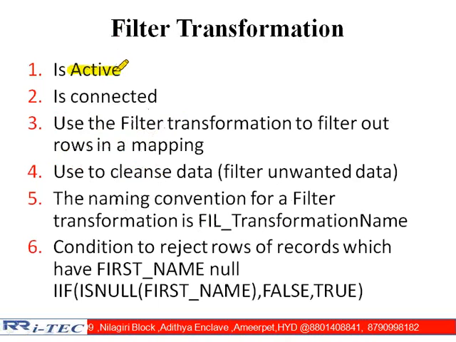Because if I give n records, it gives n minus something records. The number of input records and output records are not equal, so we call it an active transformation. It is also a connected transformation, connected with the flow. Use this filter transformation to filter out rows in a mapping, so unnecessary records are filtered out.